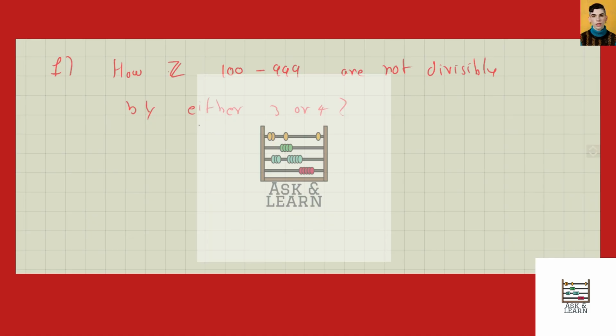Well, this is just the negation of the previous statement. So the numbers that are not divisible by 3 or 4 equal the total number of integers on that interval minus the number of integers divisible by 3 or 4. So you can see that it is much simpler. The total was 900 minus the number of those divisible by 3 or 4 that we calculated previously, 450. So this equals 450.